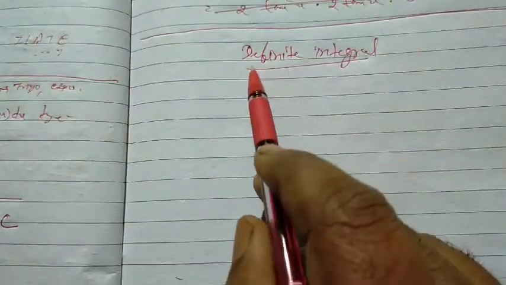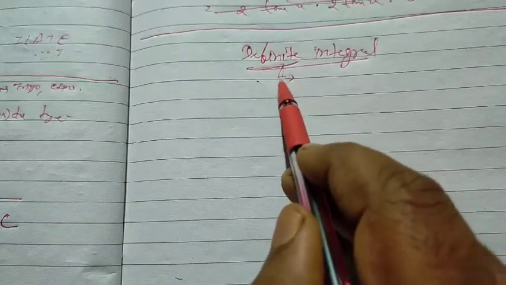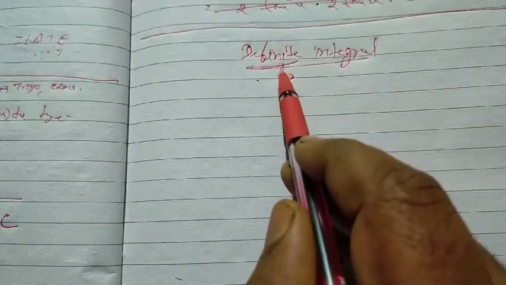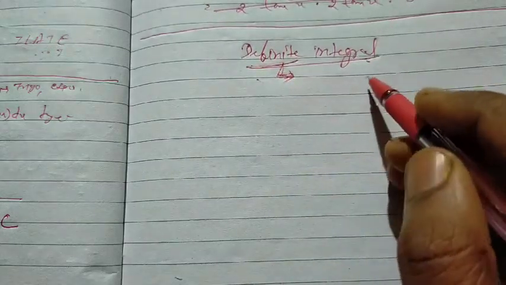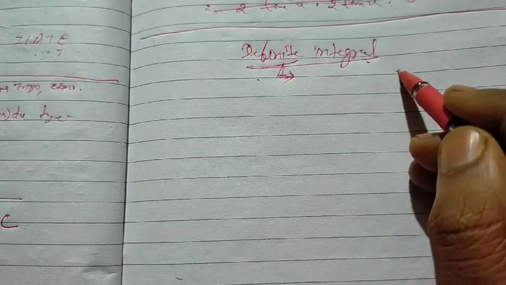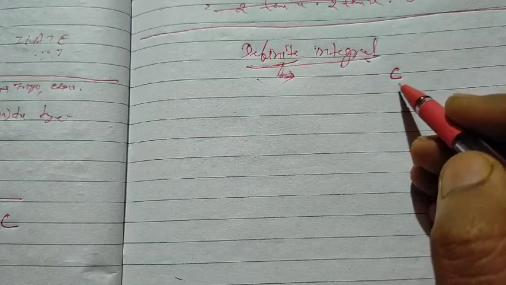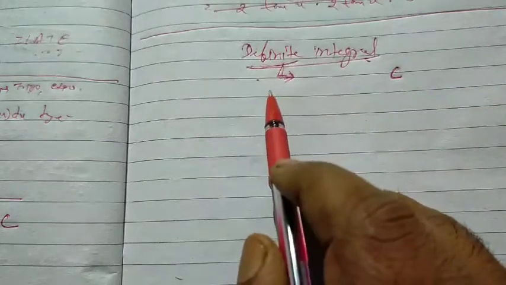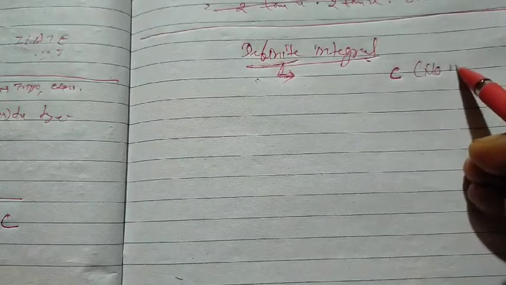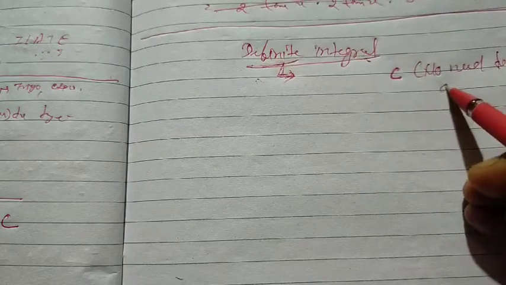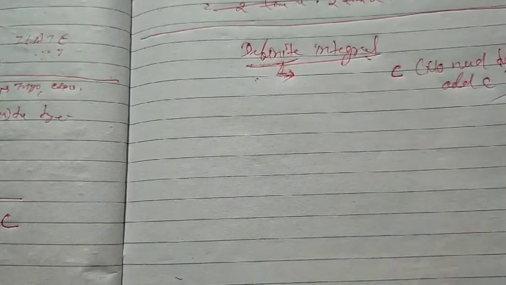This word itself says that there is nothing unknown, which means we are not going to add any constant c here, as we were doing in indefinite integral. So here no need to add c.